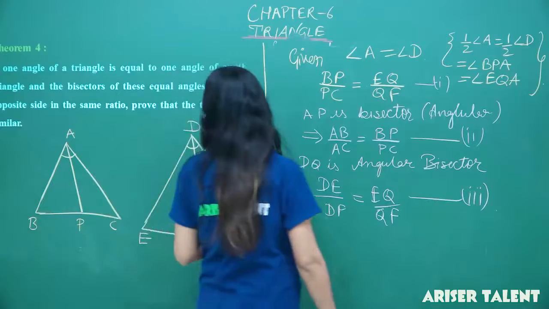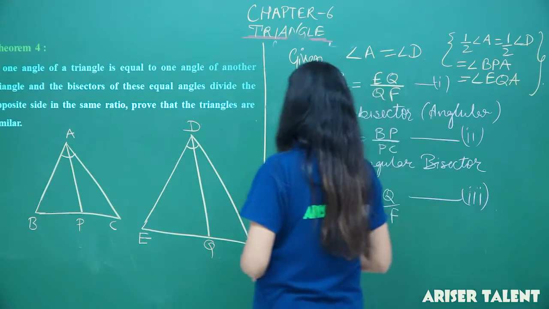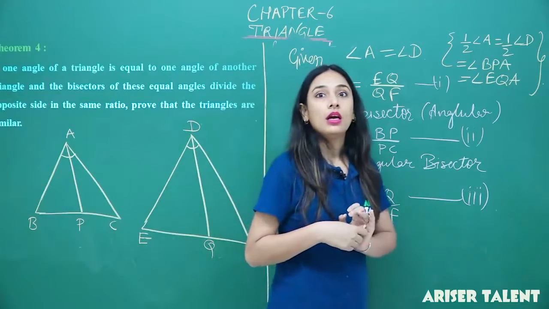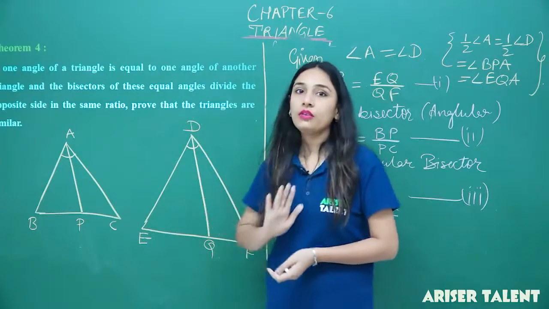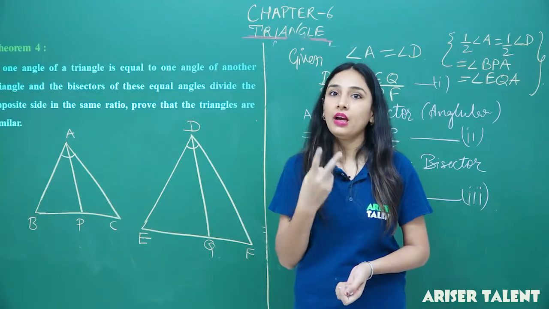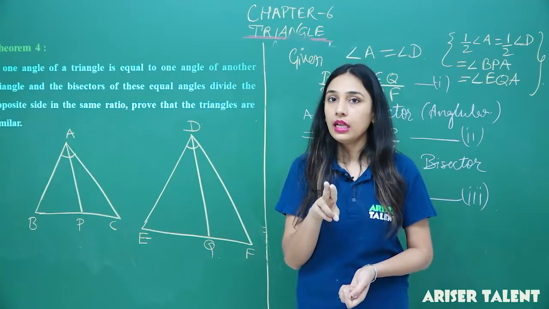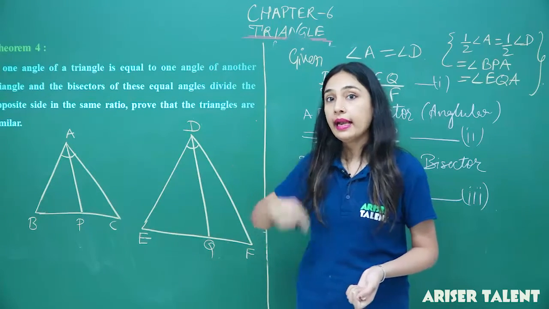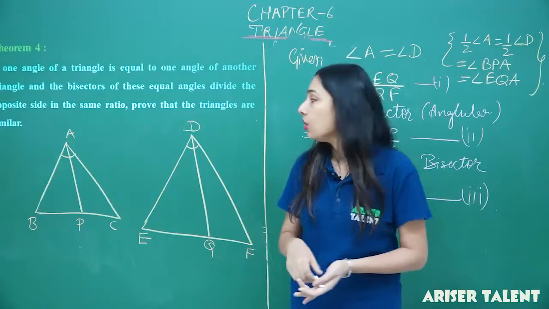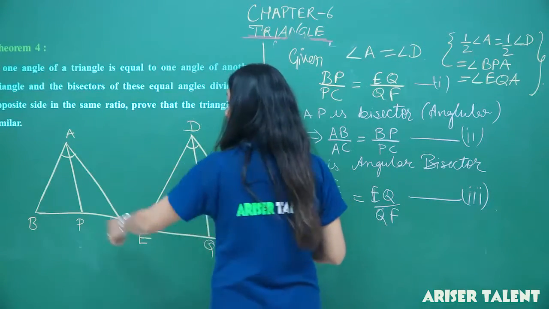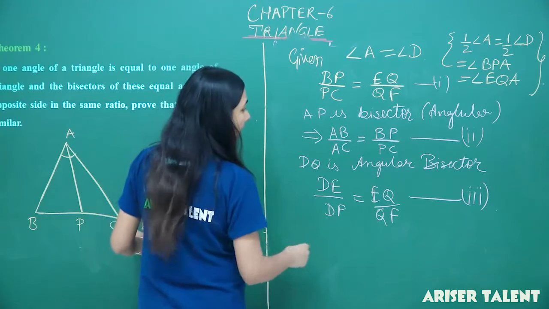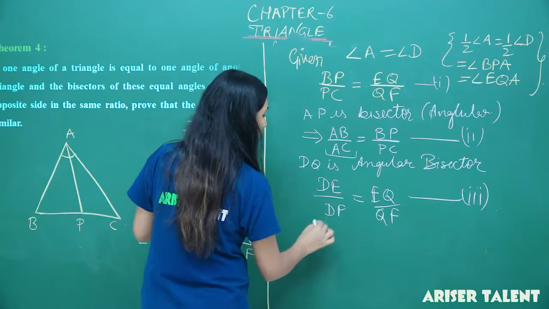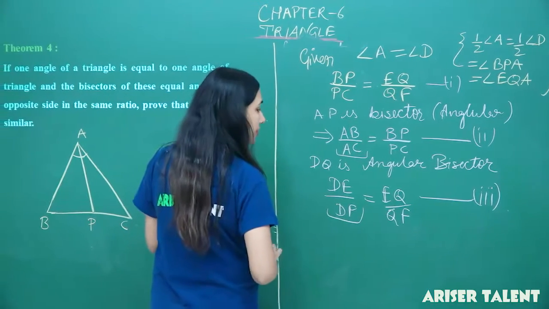Now we have to prove that the triangles are similar. If triangles are similar, then we will have one angle equal. Now if we have the proportion of two sides equal, then we will have the side-angle-side property, and by this property we can prove that the triangles are similar. So AB and AC are here, and DE and DF are here.